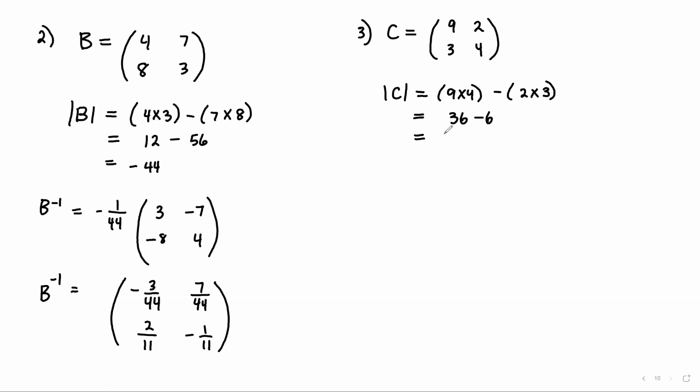So the determinant of C is 30. Make sure. 9 times 4, take away 2 times 3. Yes, 30.